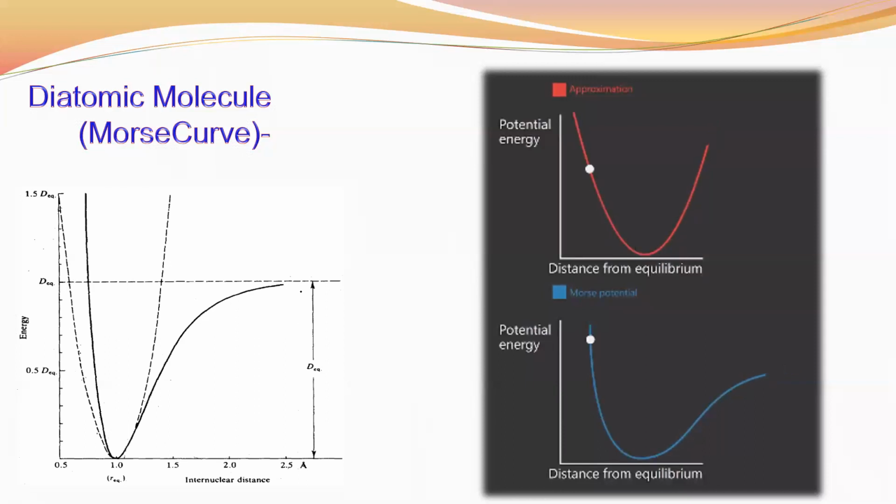If the energy is greater than the dissociation energy, the bond of the diatomic molecule will break and the atoms will separate. If the energy is lower, then they will combine to form a diatomic molecule.